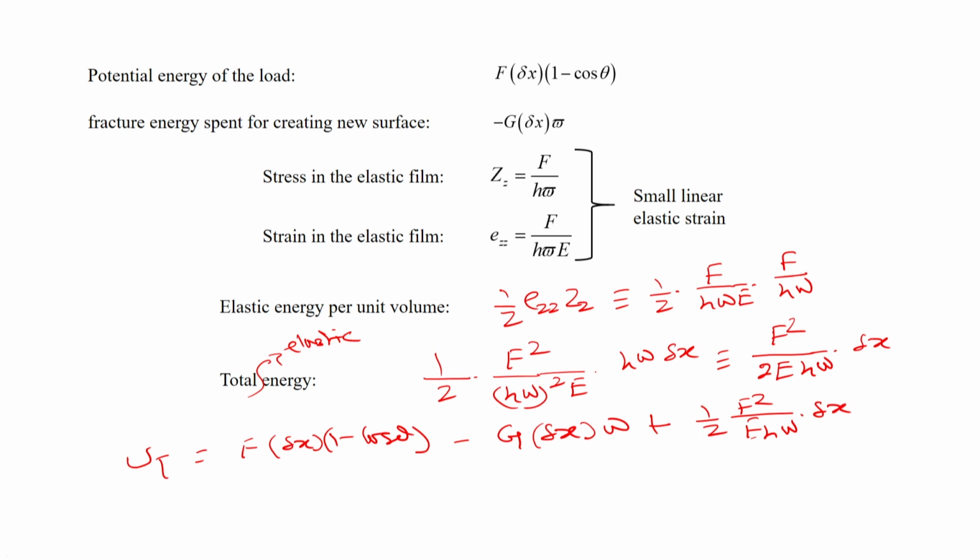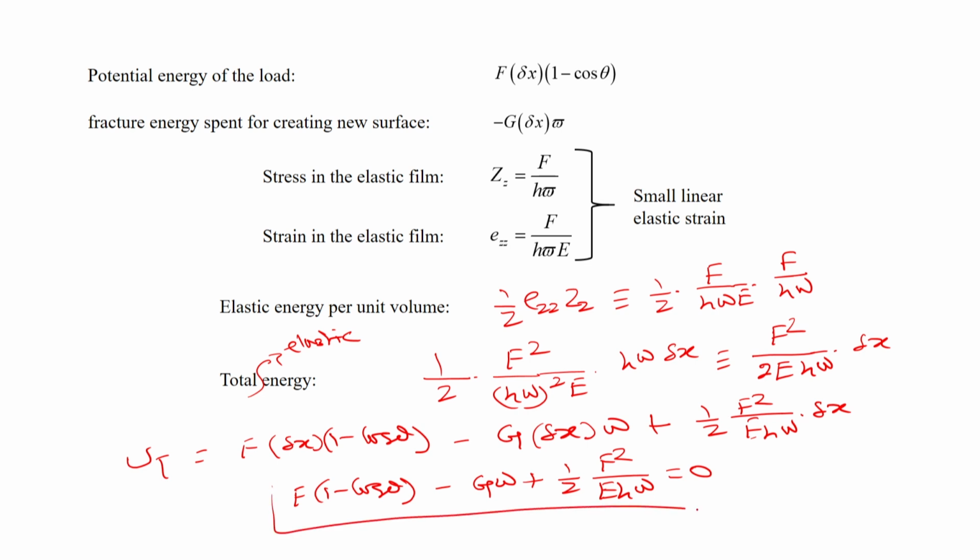We minimize it with respect to this quantity delta x and put it to 0. That will lead to F into 1 minus cos theta, minus G into W, plus half of F squared by E H W, equal to 0.